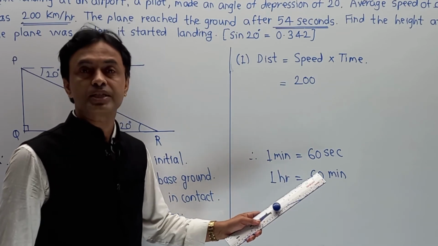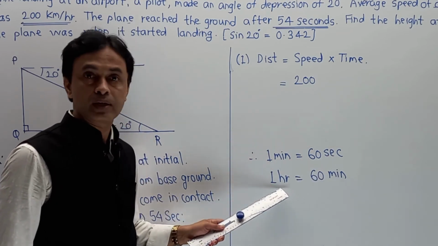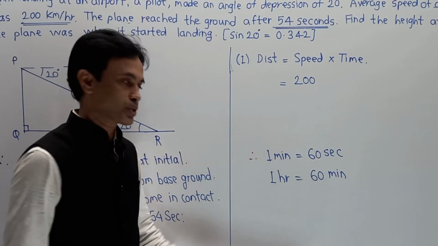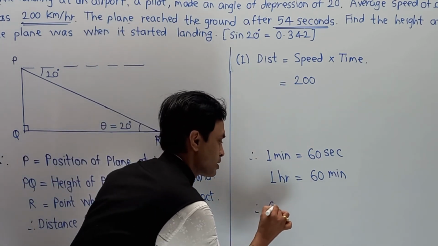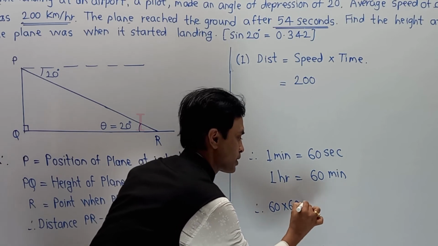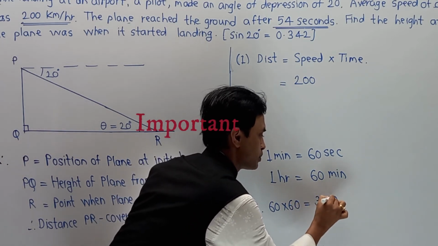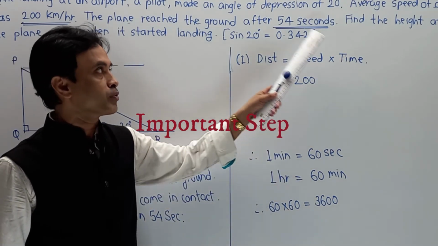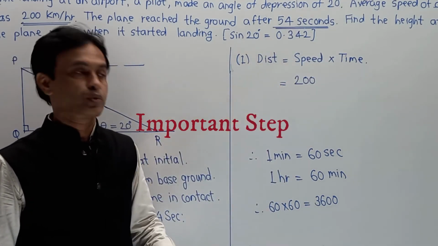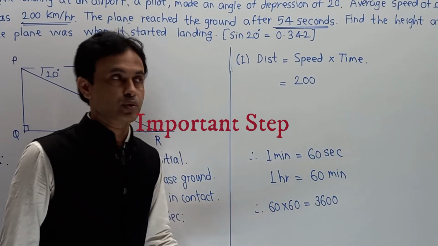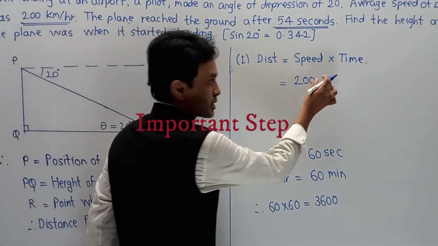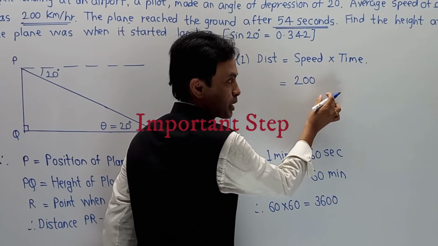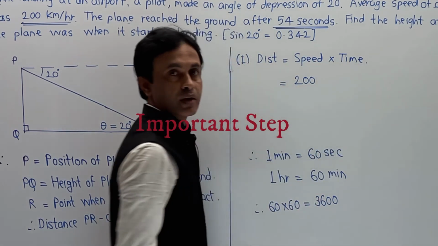Any quantity converted from seconds to hours, we have to divide by 60 into 60. 60 into 60 becomes 3600, and this is the value that we use in the calculation. So if the time is 54 seconds, you have to divide it by 3600. As the speed is in kilometer per hour, we have to convert this quantity also into hours.